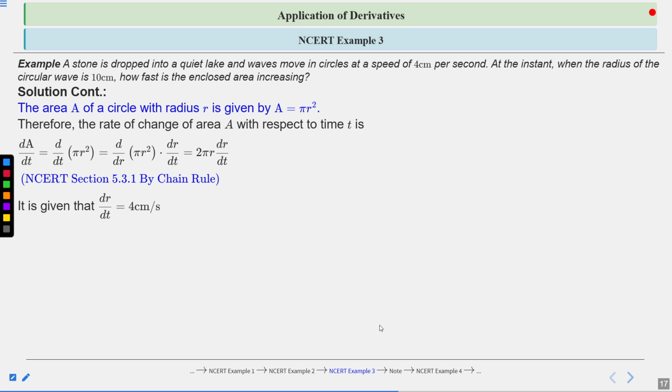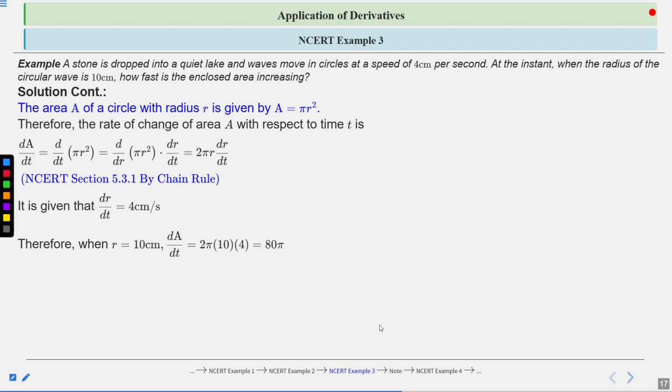Now it is given that dr upon dt is 4 centimeter per second, right? Therefore, when r is equal to 10 centimeter, dA upon dt will be equal to 2 pi r dr upon dt. So by putting the value of r and the value of dr upon dt, we will get 2 pi into 10 into 4, which is equal to 80 pi, right?